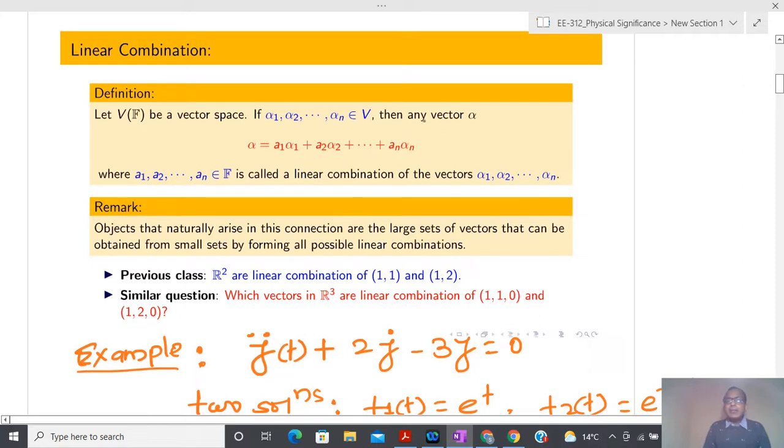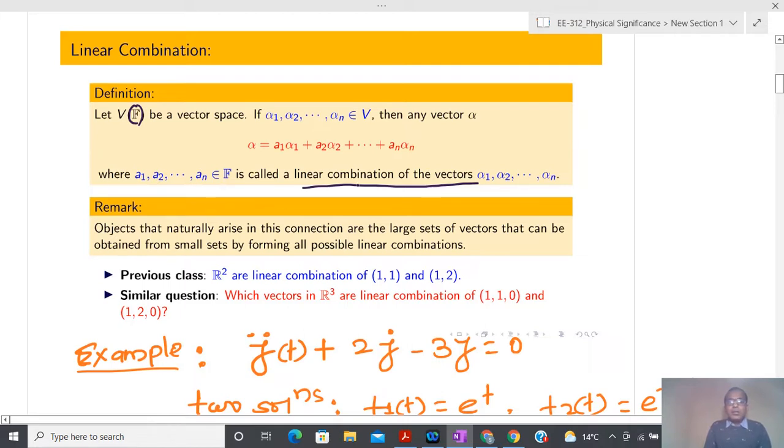It means that this vector alpha is a linear combination of alpha 1, alpha 2 up to alpha n, where a1, a2, up to an are elements of this particular field. Whenever you are defining a linear combination, please be careful that these elements a1, a2, an should come from this field. That is very important.